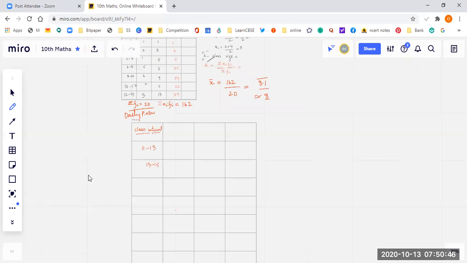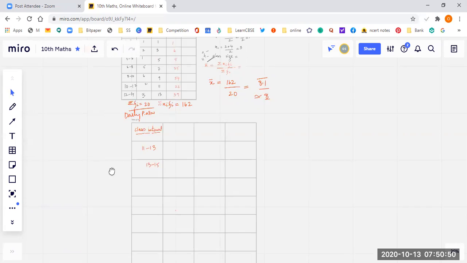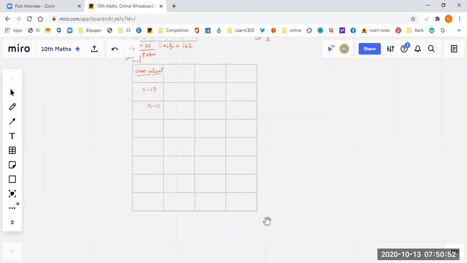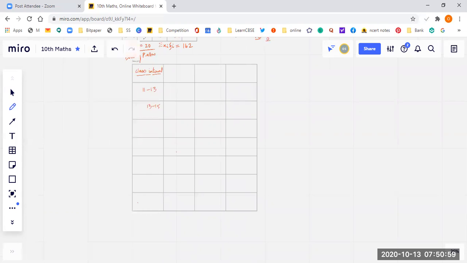The last one would be 23 to 25. This is your homework. You can complete it yourself: 15 to 17, 17 to 19, 21, 23, 25.